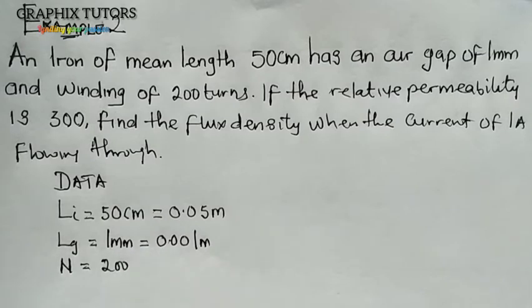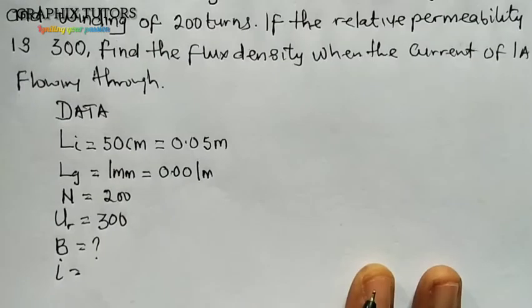Also we have the relative permeability, mu r, which is 300. Now it says we will find the flux density B, which we don't know, but the current given here is 1A, as in 1 amp. So my current I is 1 amp.